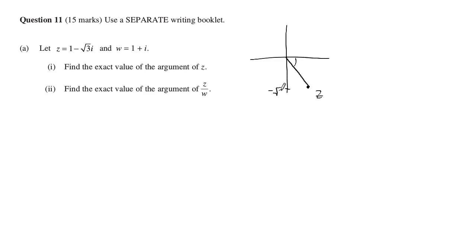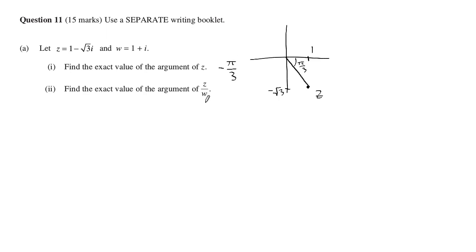The way that I remember the special angles is that I just remember that root 3 is about 1.7, and then I draw it sort of accurately and eyeball this. So this looks like 60 degrees. So we know it's one of the special ones. 60 degrees is pi on 3. So the argument of z is negative pi over 3.